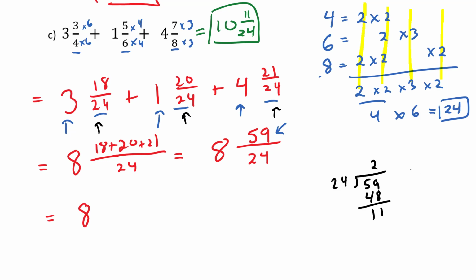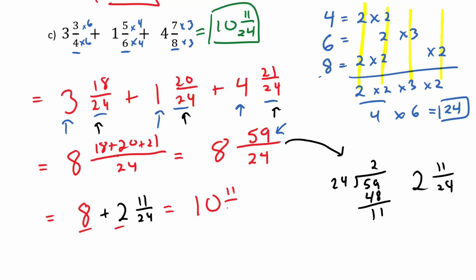So here, the mixed number that comes from this is going to be 2 and 11 over 24. So we can actually put that right here. Plus 2 and 11 over 24 if we wanted to do that. Now we combine them together. 8 plus 2 is 10. 11 over 24. Can we pull out a common factor from 11 and 24? We cannot. Therefore, this is the final answer.